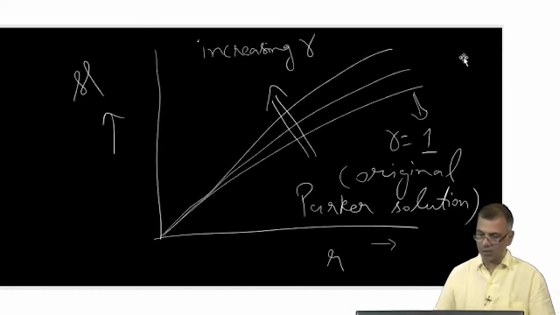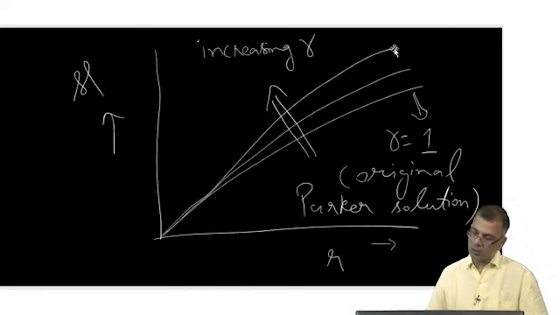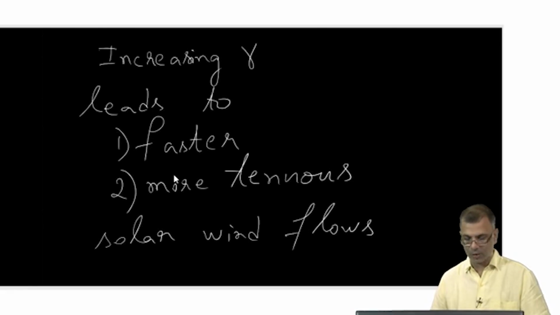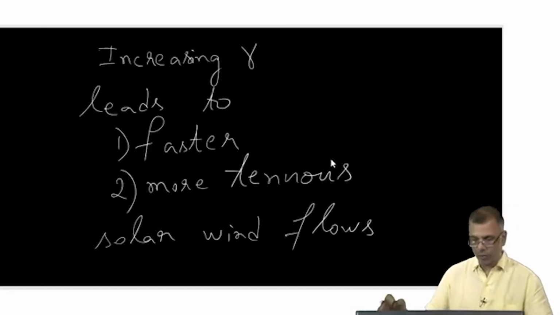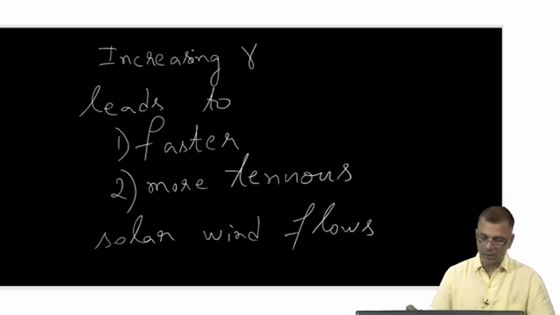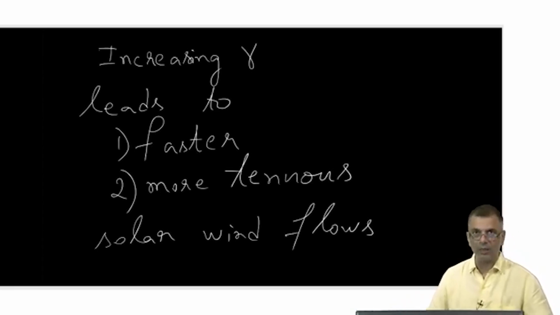This is what the solutions look like. So, you increase gamma from here to here, and clearly for a given radius, the Mach number here is larger than the Mach number here, and the Mach number here is even larger than the Mach number here. So, that justifies this. And if you go through the solutions again, you will find that when you increase the gamma, the densities drop.